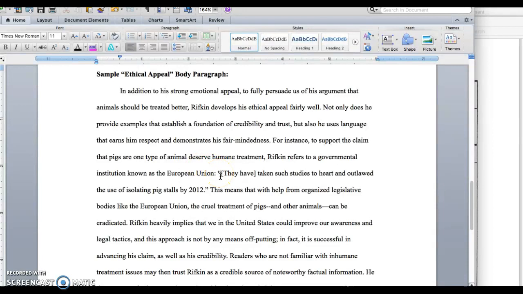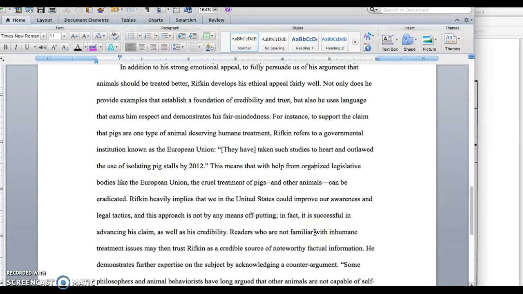For instance, to support the claim that pigs are one type of animal deserving humane treatment, Rifkin refers to a governmental institution known as the European Union. They have taken such studies to heart and outlawed the use of isolating pig stalls by 2012. This means that with help from organized legislative bodies like the European Union, the cruel treatment of pigs and other animals can be eradicated.